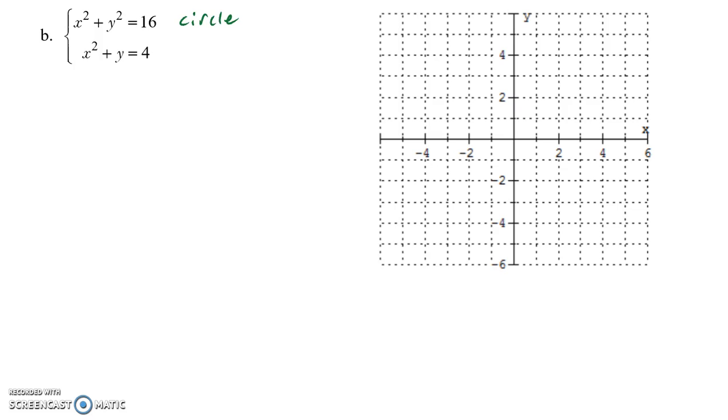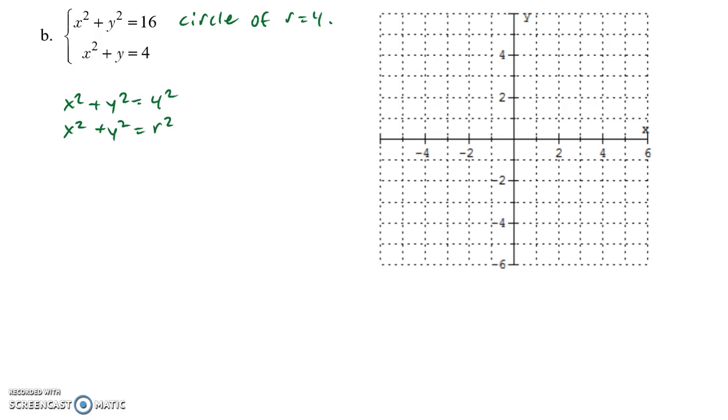Writing it this way, the basic form is x squared plus y squared equals r squared. So this is a circle centered at the origin of radius 4. The x squared plus y squared indicates that the circle is centered at the origin, and the 16 indicates that the radius is 4.